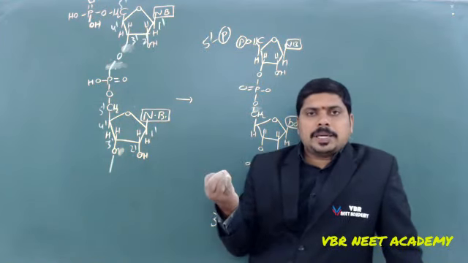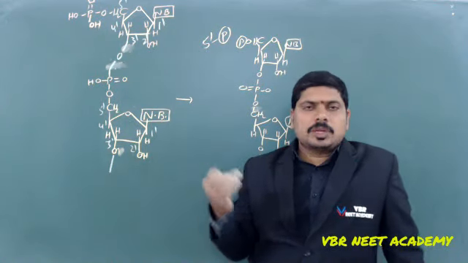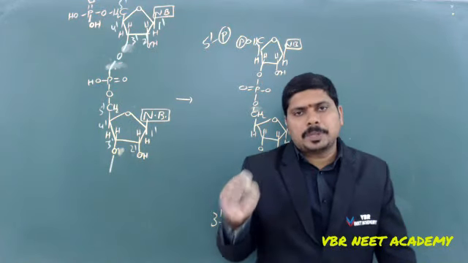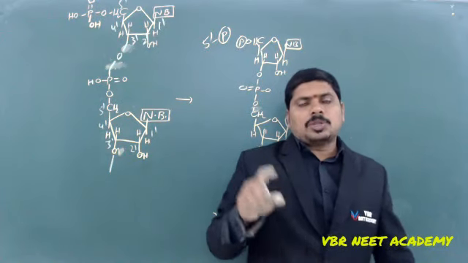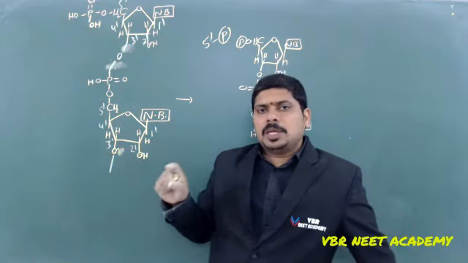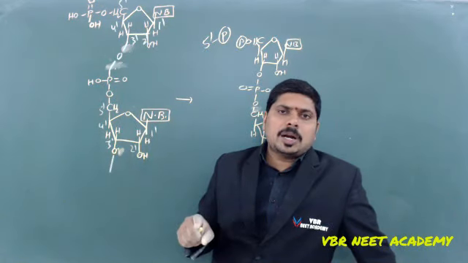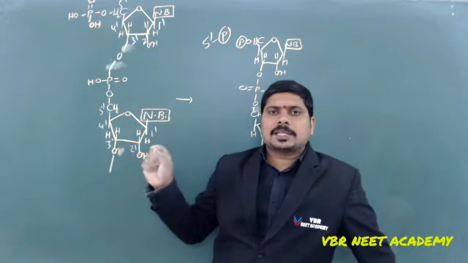The nitrogen base and your ribose or deoxyribose will have the bond called the N1 glycosidic bond in the case of pyrimidine, and the N9 glycosidic bond in the case of purine. Now the formed nucleoside forms a bond with phosphate. That is called a nucleotide, by the bond called the 5' phosphoester bond.